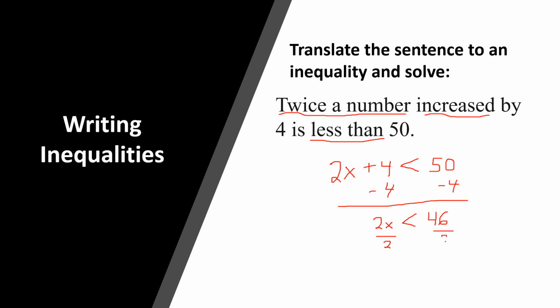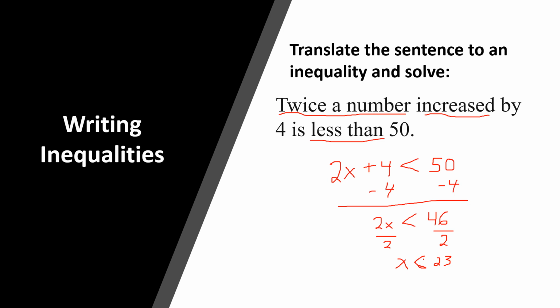So we divide both sides by 2. These cancel, we're left with x, and 46 divided by 2 is 23. So we have x is less than 23. Any number less than 23 will make this inequality true.